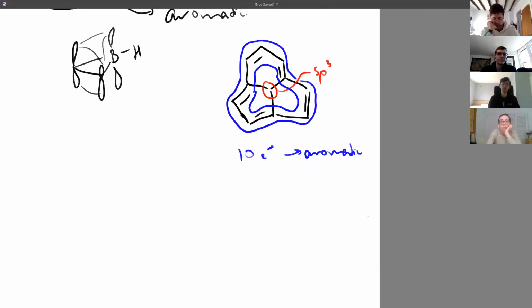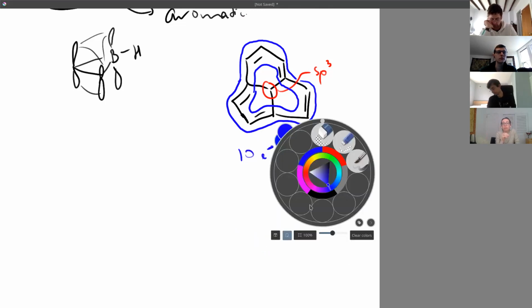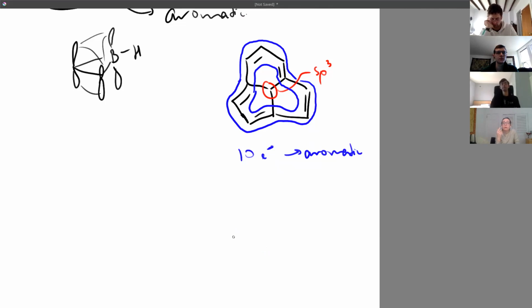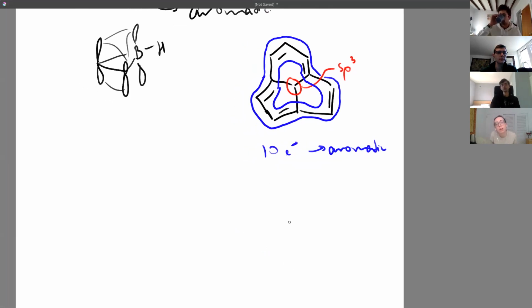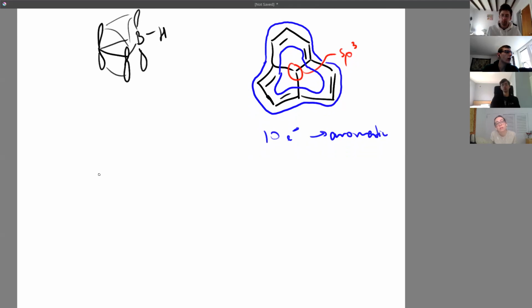Isn't there something about when you have the fused rings? I feel like there may have been a question about when there's a double bond in the center of the fused ring, that doesn't count as part of the pi system, as part of the aromatic system. And I don't think I understood the reason why. Okay. So you can have double bonds on a fused ring.